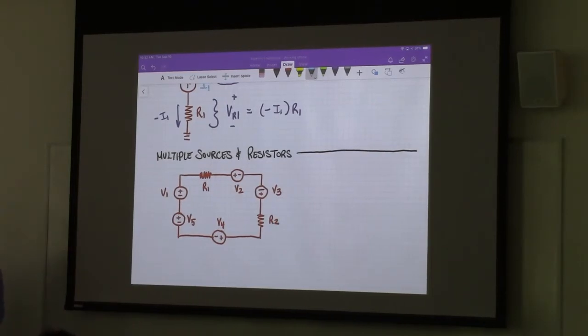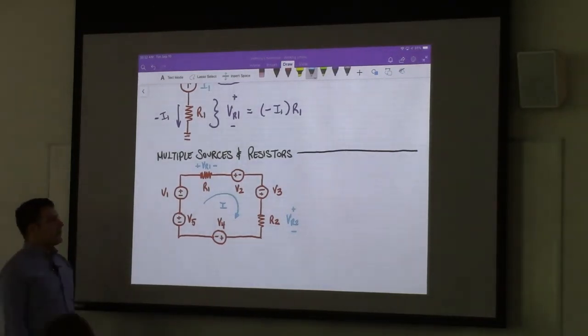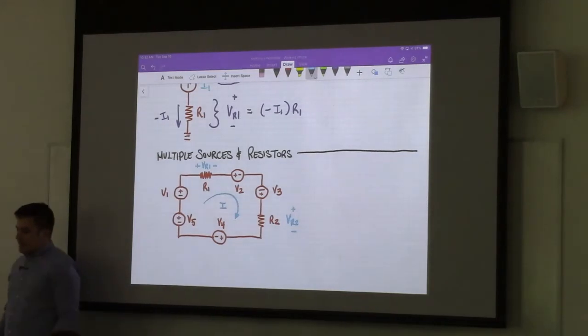Now let's use passive sign convention to set up what the voltages and the currents, so the voltage across and the current through the resistors would be. So I'm going to call this VR2, give it a direction like this. I'm going to call this VR1 and give it a direction like this. And in order to make everybody happy, according to the passive sign convention, I can just use one current, which is going to be called I. That satisfies passive sign convention for both of the resistors.